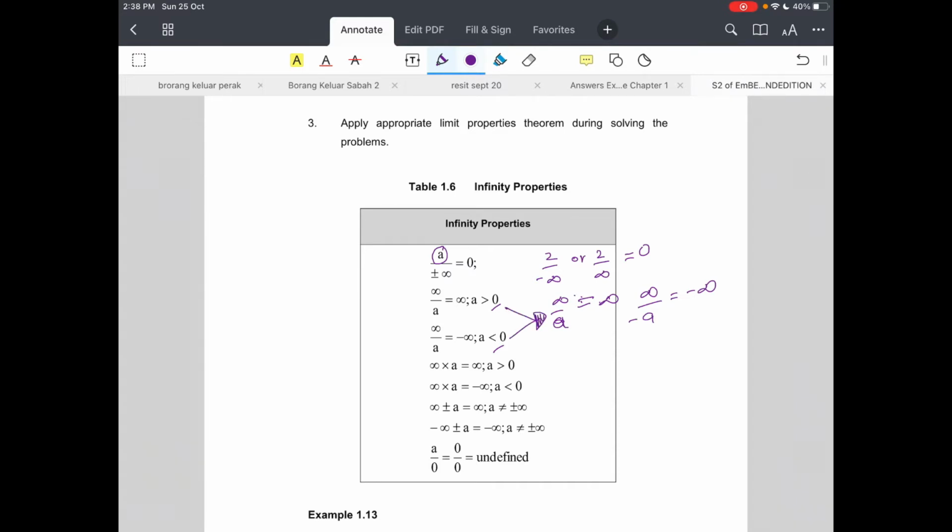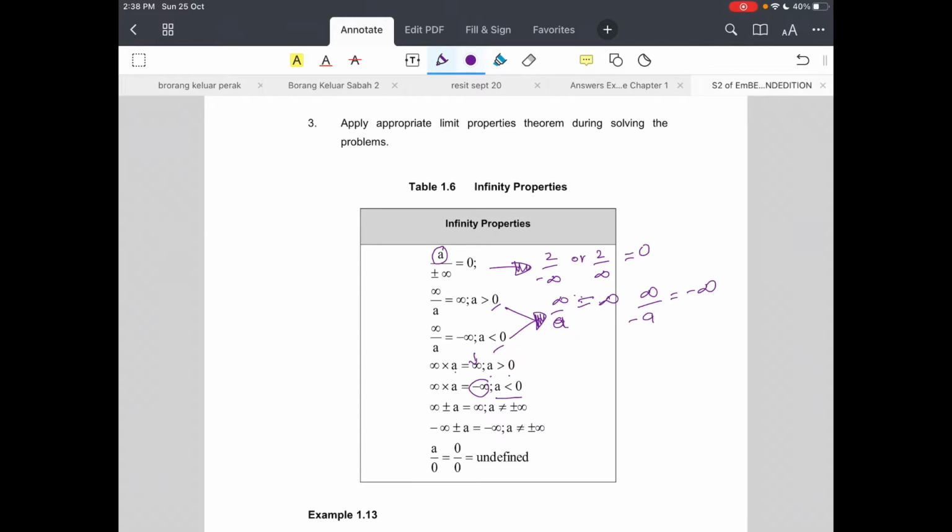This is for the second and third properties of infinity limits. Then infinity times a gives positive infinity if a is greater than 0, and negative infinity if a is less than 0.